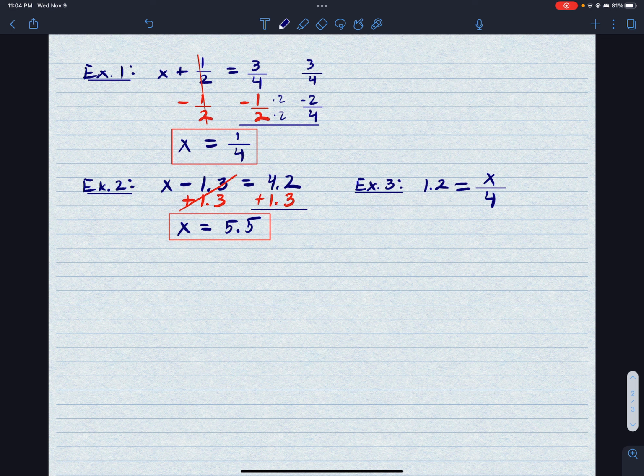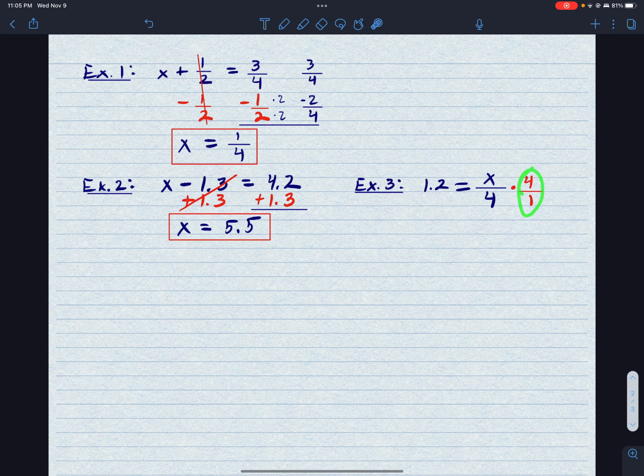All we have to do, again, is focus on our variable. I want x by itself. I want to get x isolated. In order to do that, I have to get rid of this 4. Well, where's the 4 coming into play? It's divided into x. So since it is x divided by 4, I can clear that 4 off by multiplying by 4 over 1. 4 over 1 is the same as 4, right?